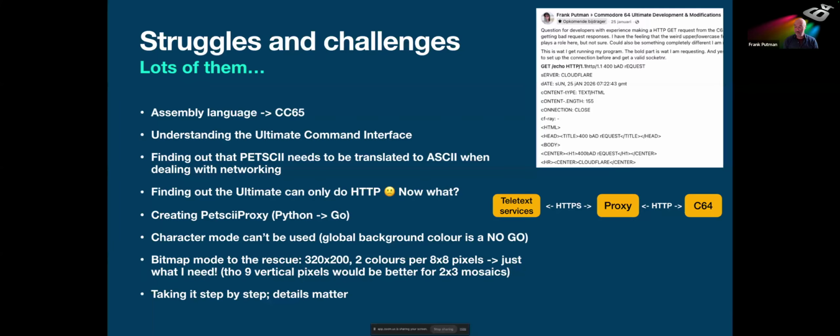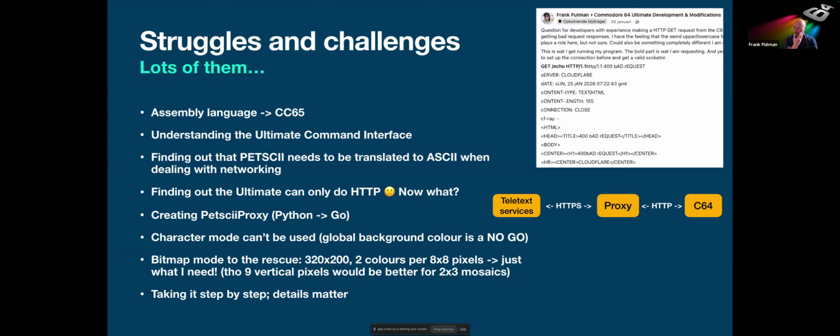And I don't know if the ESP32 chip from the Commodore 64 Ultimate should be able to do secure network traffic, but it's not implemented. And I think it's because the LAN is also only HTTP. So for now, we need the proxy to get secure networking.